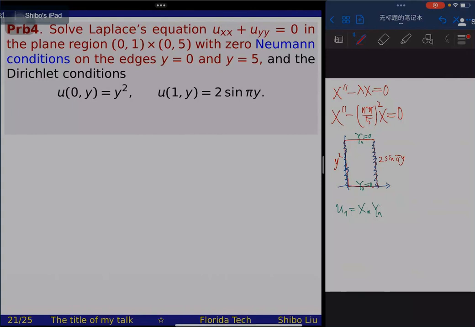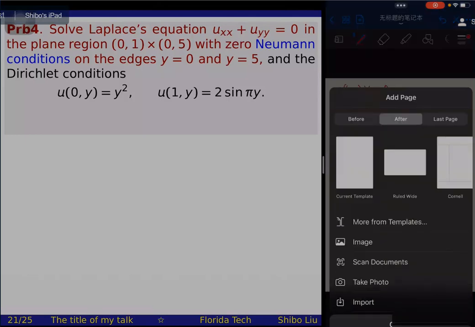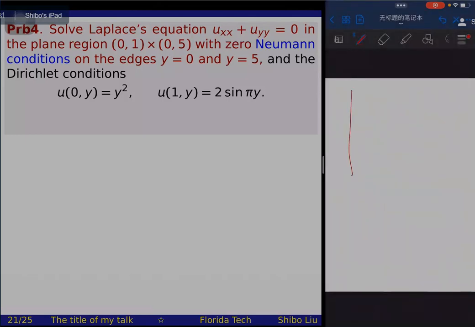As for the left and the right boundary, that is x equal to 0 and x equal to 1, I impose the same Dirichlet condition as before. So the region is still the rectangle 0, 1 in x, 0, 5 in y.